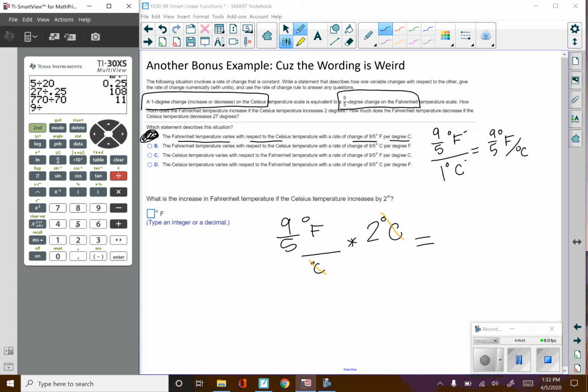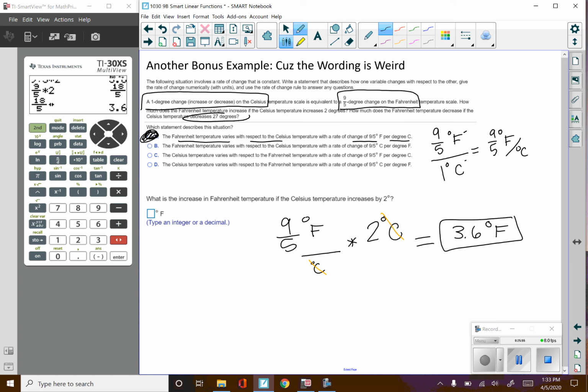So it's 9/5 of a Fahrenheit degree, and we multiply that by the given temperature, 2 degrees. So that would be 3.6 degrees Fahrenheit. And you could have inputted that as a fraction, 9/5 times 2. I just sometimes forget to use that fraction button. And then if you want a decimal answer, it's almost faster to just type it in as division so you don't have to convert it. Anyway, 3.6.